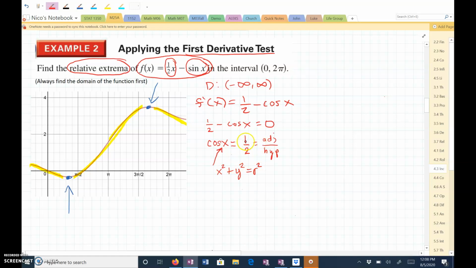The adjacent side is 1, so 1 squared is 1. y squared, we don't know. That would be the opposite side. And the hypotenuse is 2, so that's going to be 4. So y squared would equal 3. y equals plus or minus the square root of 3.